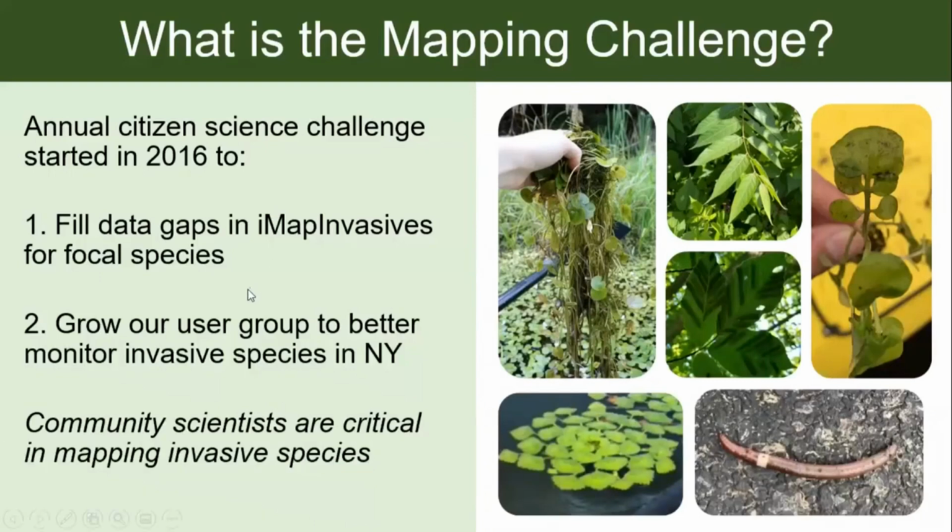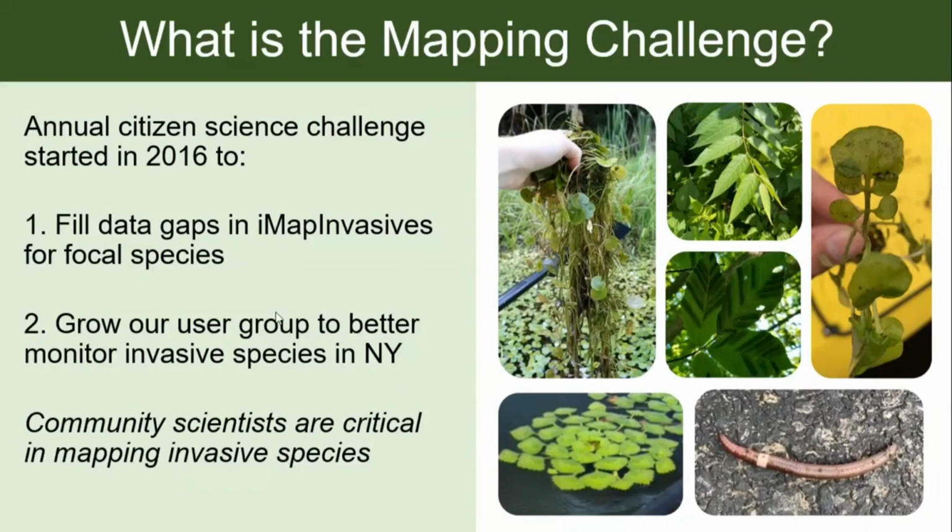And so what is the mapping challenge? So this is an annual community science challenge that was started in 2016. I think with one species back then, I think maybe just water chestnut. Then I think Tree of Heaven and Jumping Worm were added a few years after that, and then more species after that.